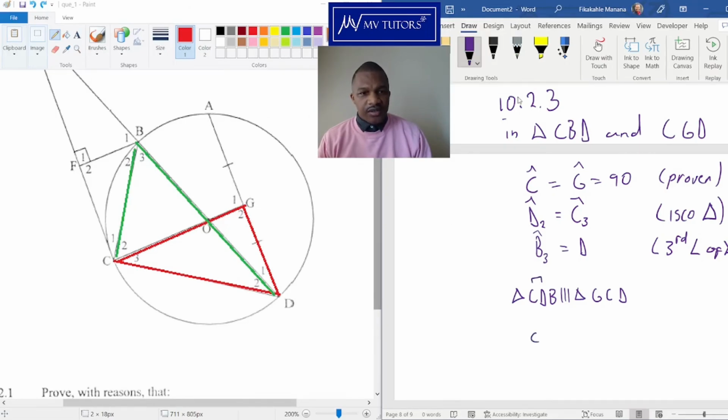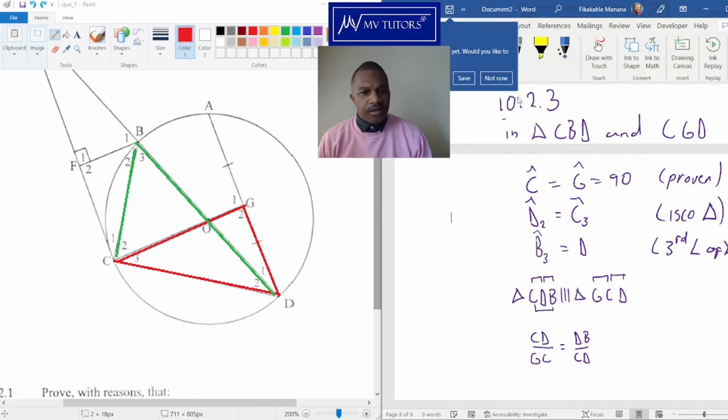CD over GC is equal to DB over CD, right? And then CB over GD.